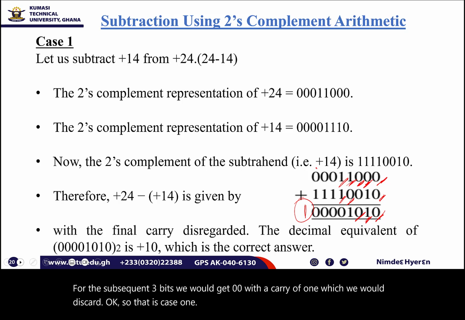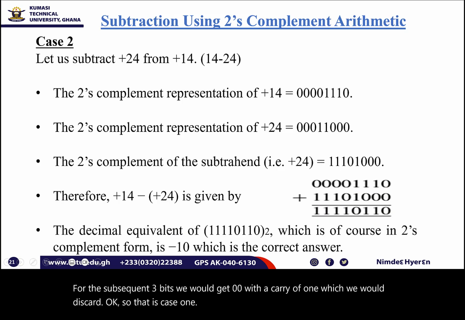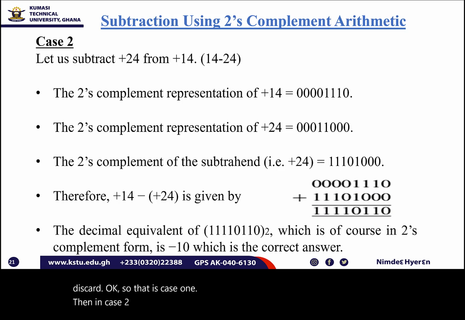Then in case 2, we have positive 24 being subtracted from positive 14.